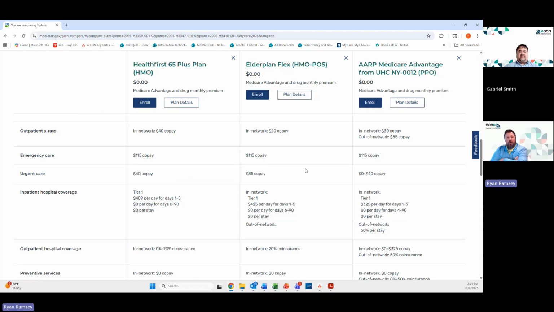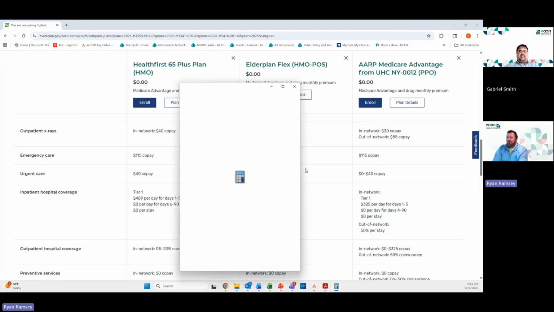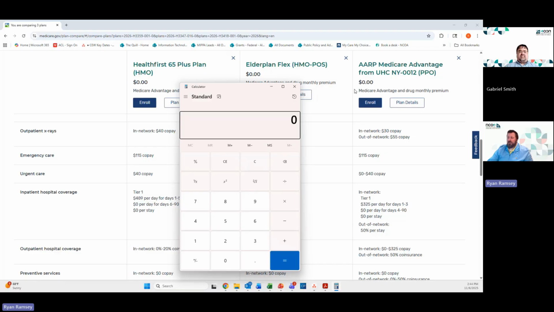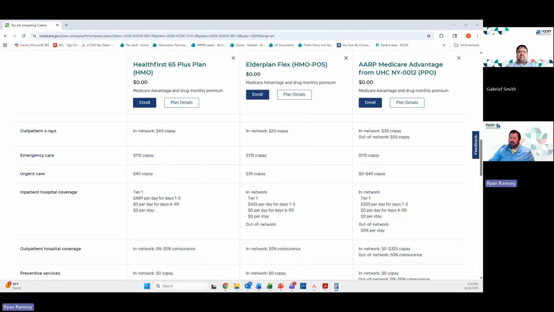So how I would pose this to John Doe is I would say, if you got into an accident and had to be in the hospital for a week, then under Health First, you would be paying about $2,500. Let's do that exactly: $2,445 per week that you were in the hospital.